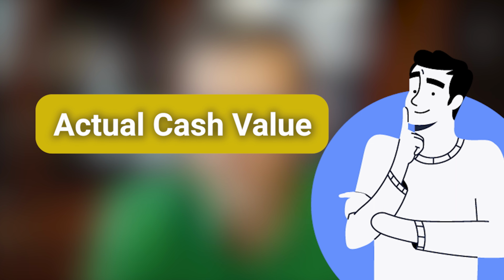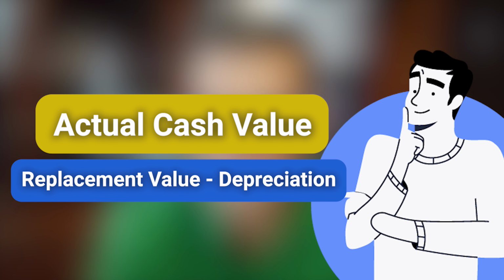The other is not. Actual cash value, or ACV as we sometimes refer to it, is going to come up with a number that they're going to pay you for your damages, based off of what the replacement cost is to fix it or replace it, minus depreciation, age, wear and tear. So, for instance, let's say you buy a brand new television.